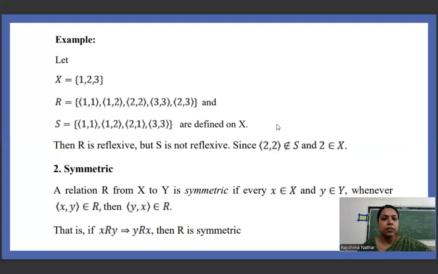Here R is reflexive because it consists of (1,1), (2,2), (3,3). But S is not reflexive because it does not consist of (2,2) in the set S.